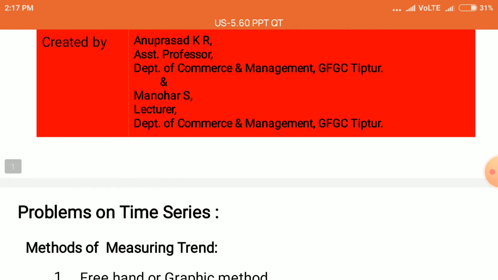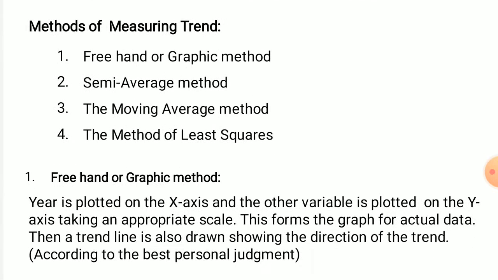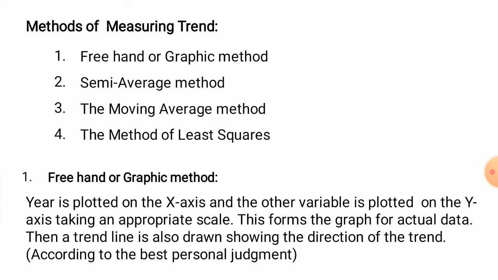Now, methods of measuring trend. Here, the measurement of secular trend. We can find out the direction of a long term series, whether it is growing or declining, by the measurement of a trend.